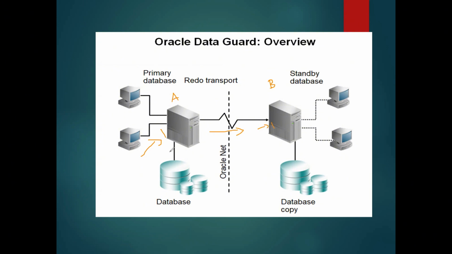Whatever is written on database A, all the copies move to database B. So this is a basic diagram of Data Guard. If a crash happens on our production servers, then as a DBA we can make these servers available as production.